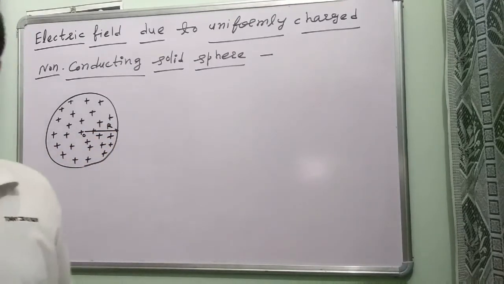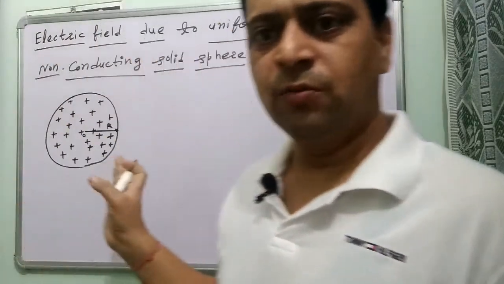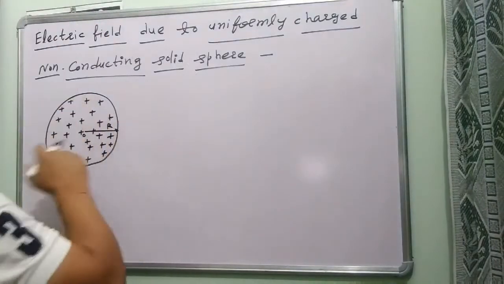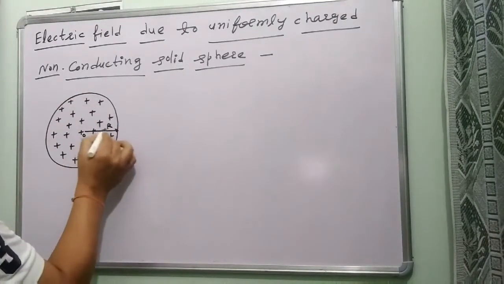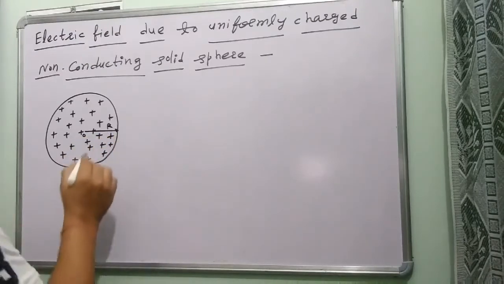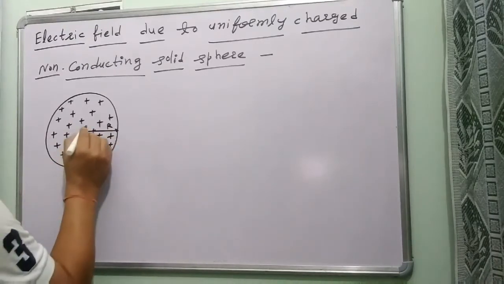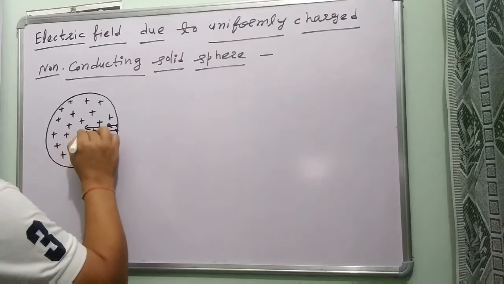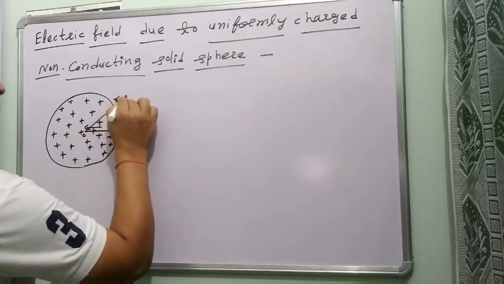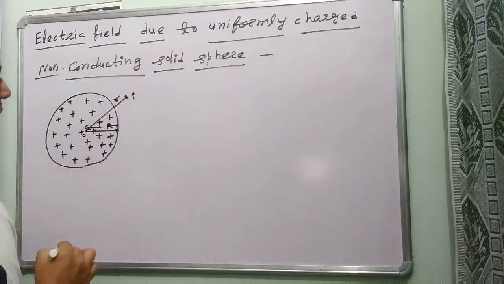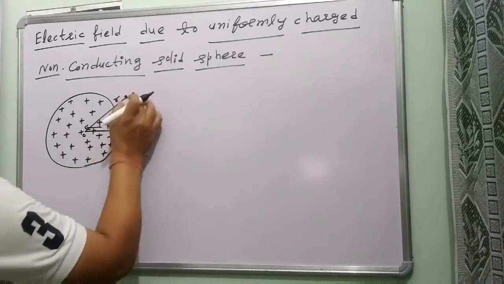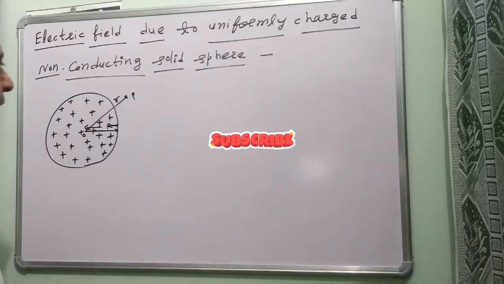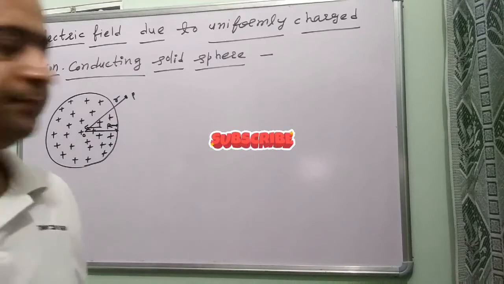This charge q is distributed uniformly in the volume of the solid sphere, and the radius is r. The point P is outside of the sphere. At the point P, we have to find the electric field.